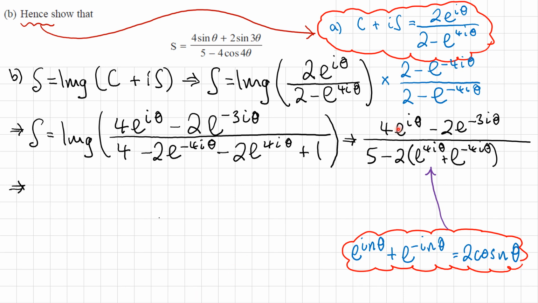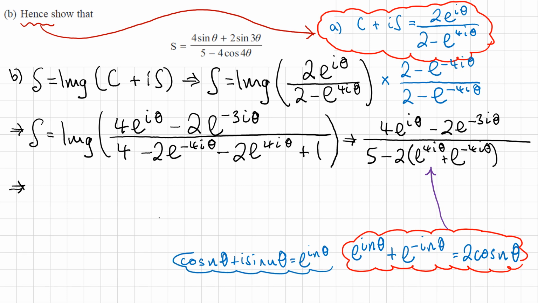For the numerator, using the identity with sine and cos that I did in part A, I'll write that down as well: cos n theta plus i sine n theta is equal to e to the i n theta.